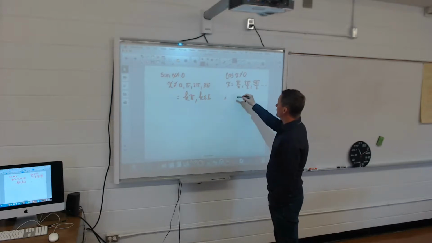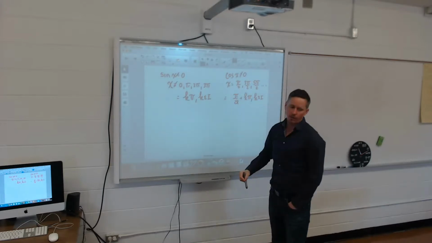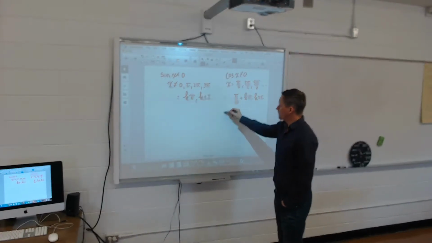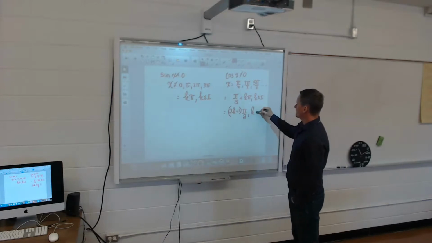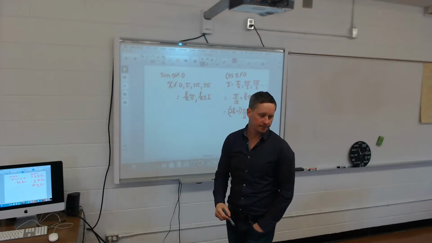Oh, yeah, you could do it that way for sure. Plus k pi, k is an integer. Absolutely. The other way that I showed you was to make it odd: 2k plus 1 pi over 2, where k is an integer. Both of those work. Both of those are correct.